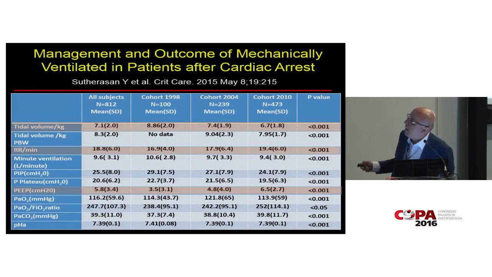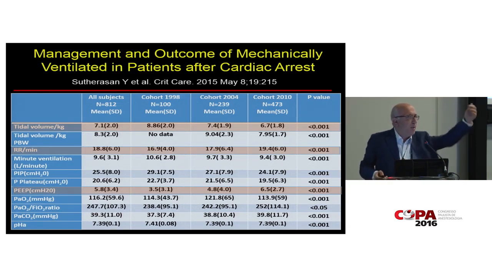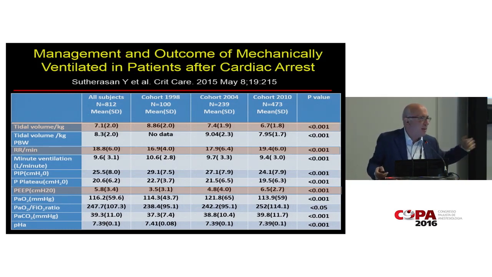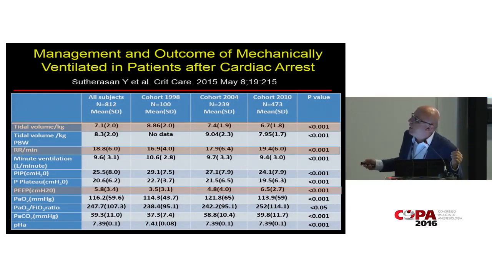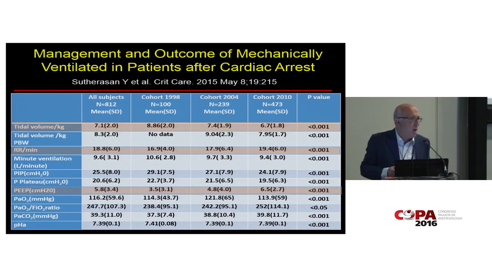Most of them are over-oxygenated, as you see here. PO2 is 120, or up to, as you see here, standard deviation 60. There is no reason to have hyperoxia in these patients. I will show you briefly. PCO2 is around 40, but you see here quite a large deviation of PCO2.